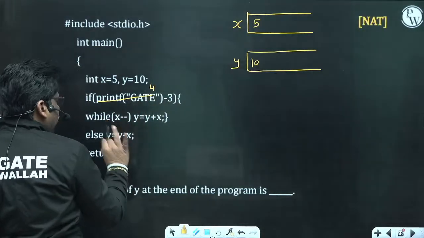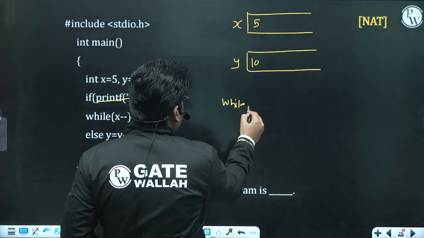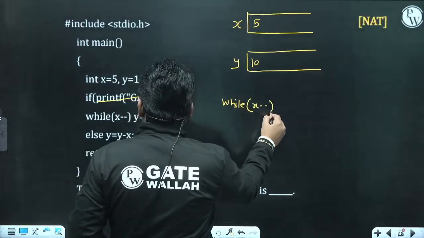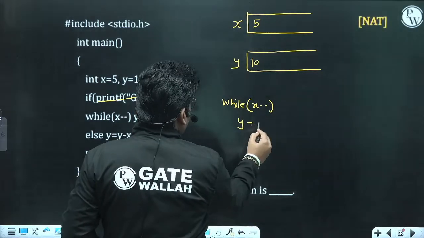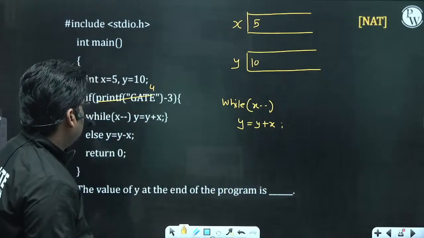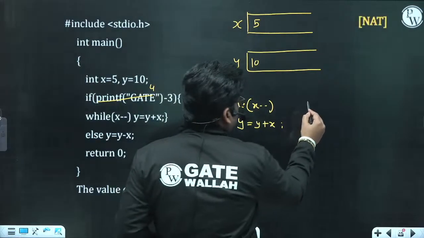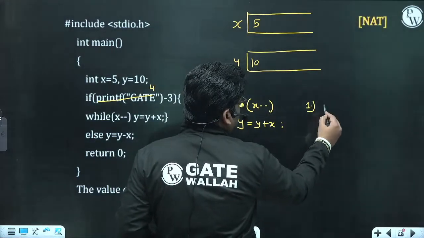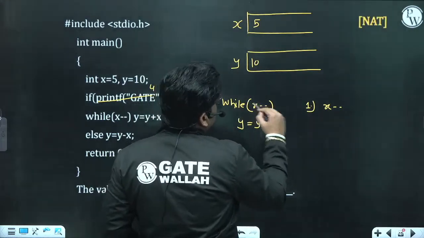That means if the code executes, we need to execute this code: while x minus minus, y is equal to y plus x. Nothing else. Am I right? So first, when you ask for x minus minus, that means you are saying use the same value.